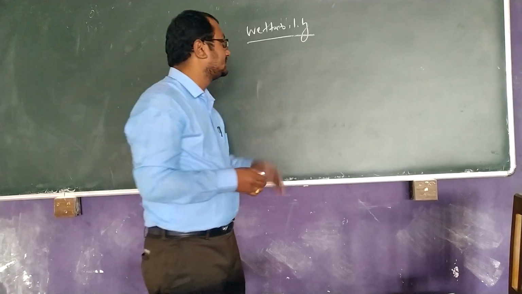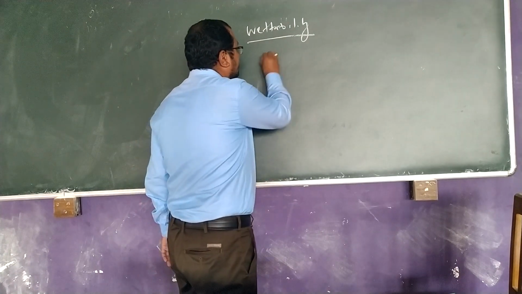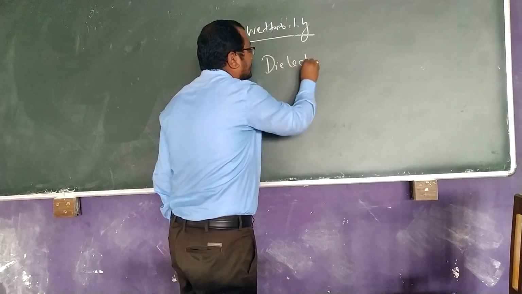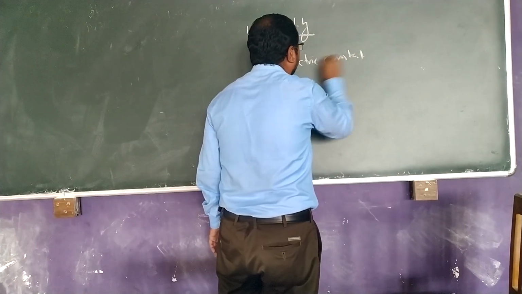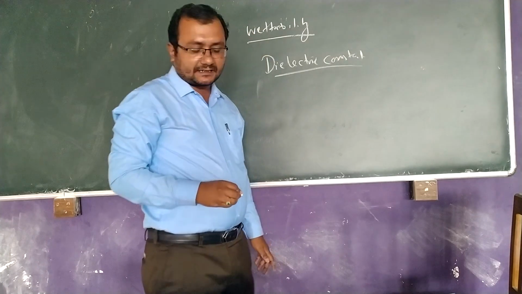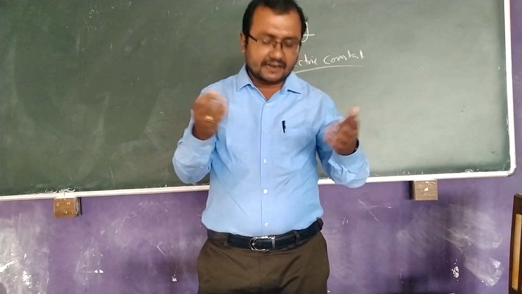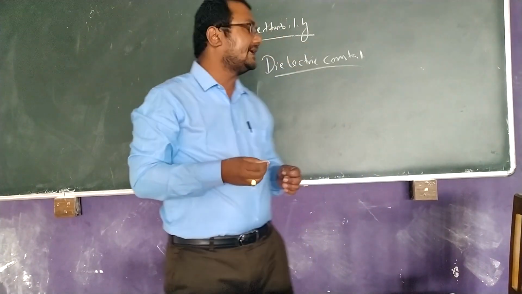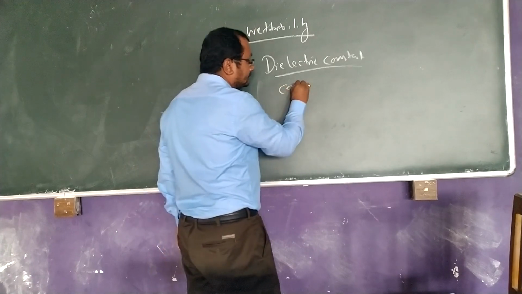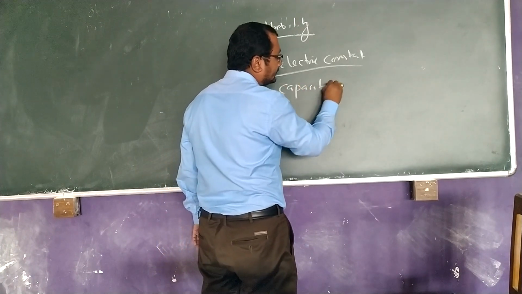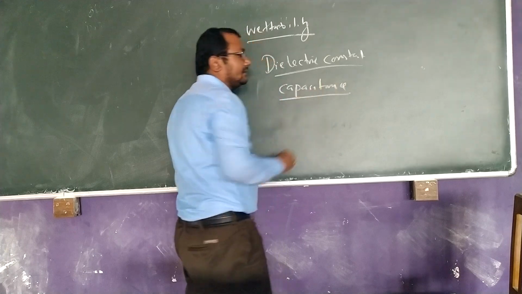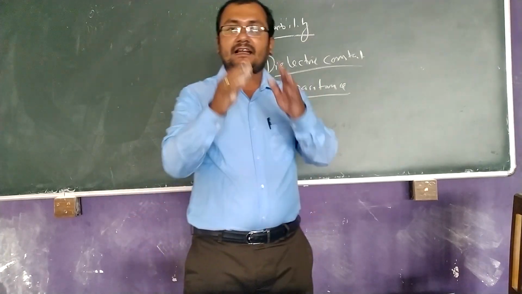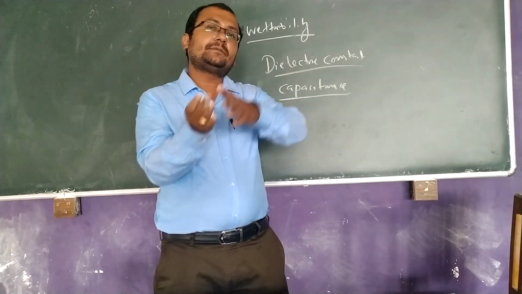With this, let us discuss some other pre-formulation studies. Coming to the next one, dielectric constant. Generally the dielectric constant depends upon capacitance, and the capacitance term depends upon charge.